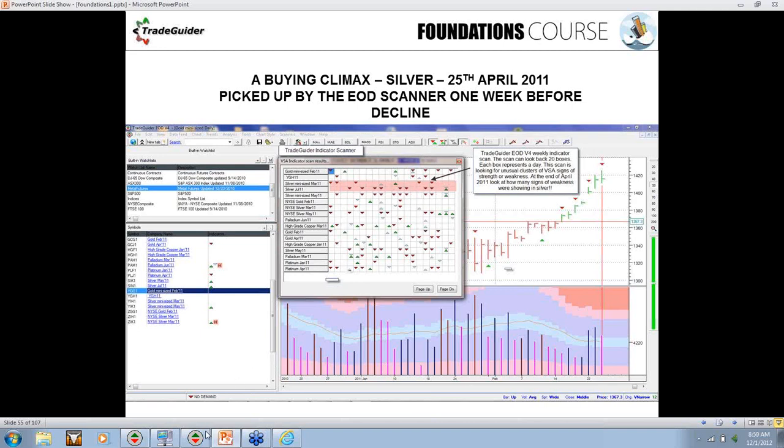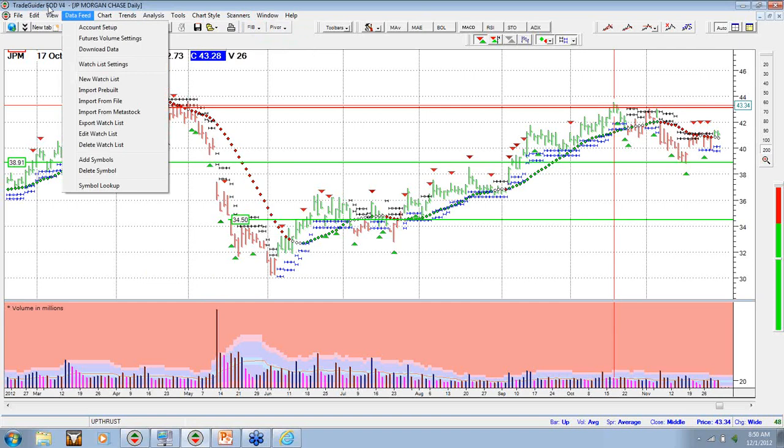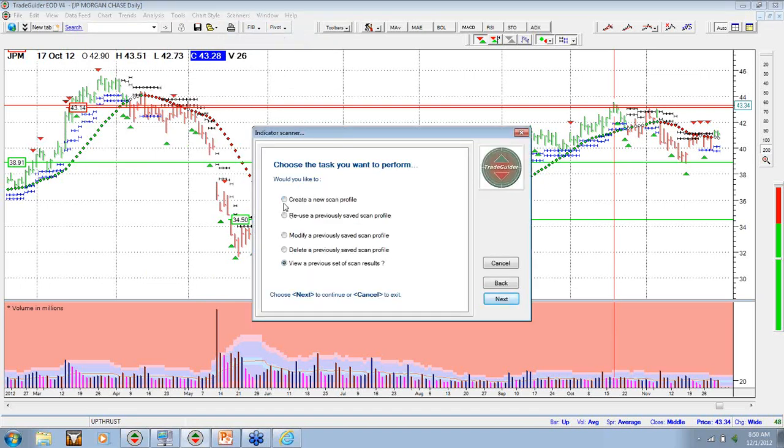Now what I'm going to do is show you an indicator scan. We're going to do one live for you. So we'll do something now that's right edge of the chart rather than looking at PowerPoint. Now I'm using TradeGuider end of day version 4, which is the latest version that we've currently got. Click on indicator scanner and it says create a new scan profile.